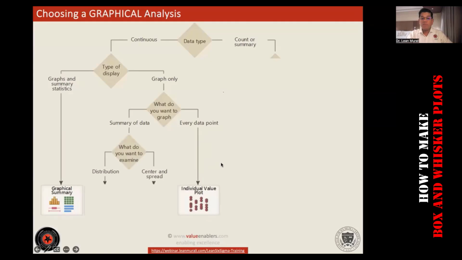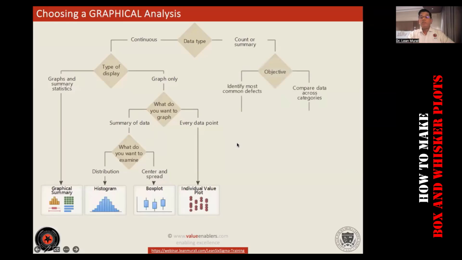If it is a summary of data, ask what you want to examine. If you want to examine the distribution, you do a histogram. If you want the center and spread of the data, you use a box plot, and box plot is what we are going to see today. In discrete data also, you need to see the objective.